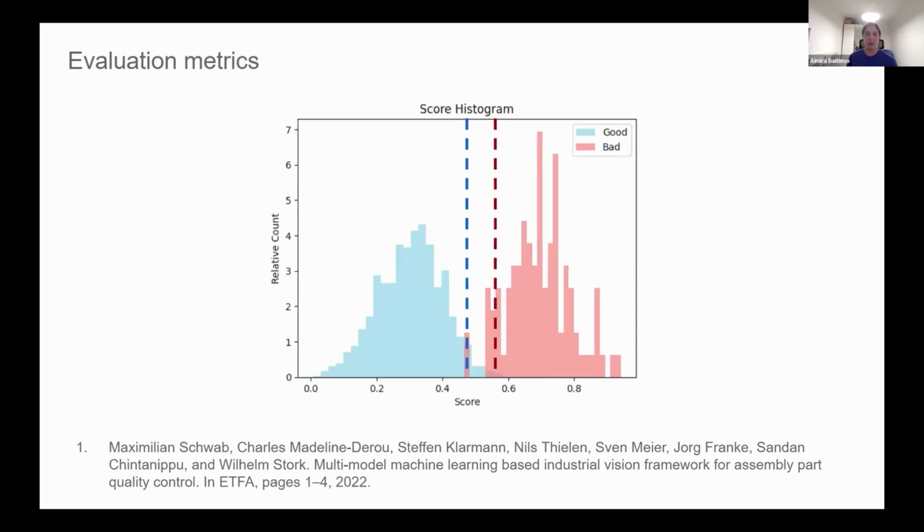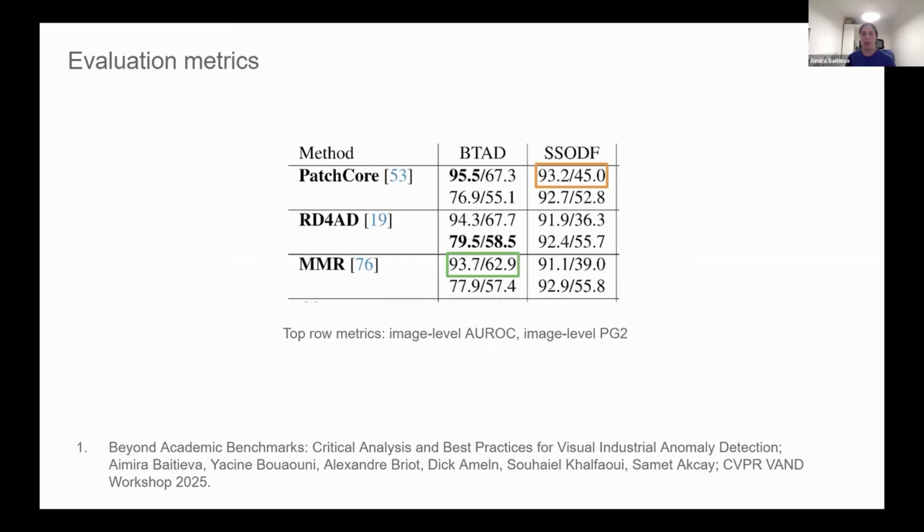Here is a bit more detail about metrics. If you wonder whether 95 out of 100% image-level ROC is enough, not necessarily. Here we can see the two top row metrics are image-level ROC and image-level PG2, preserved good parts at a fixed rate of 2% of bad parts missed.